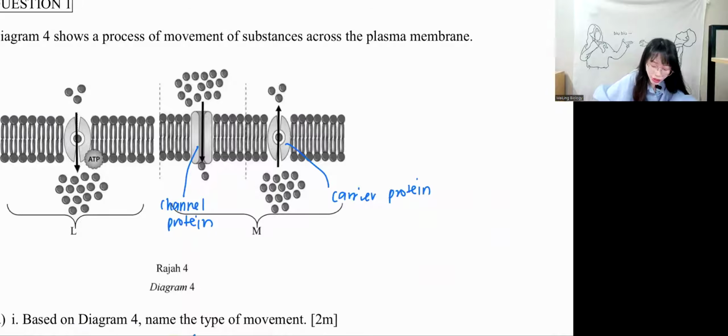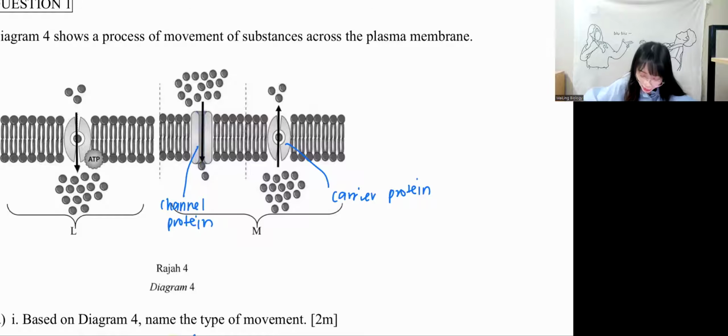Okay, so since this is a channel protein, if it's a channel protein in facilitated diffusion, what is the example that's able to diffuse across it? Correct, the charged ion. How to know which is which? Because if it's a channel protein, it will be fully open. It's a straight line.